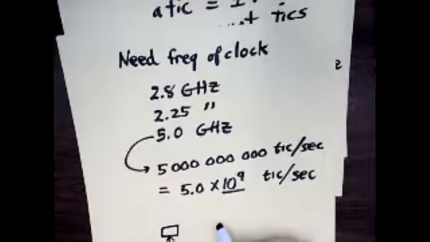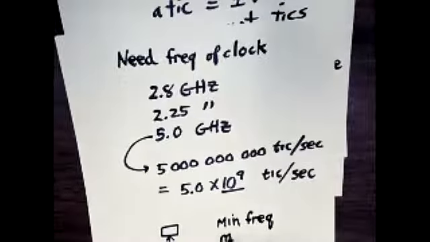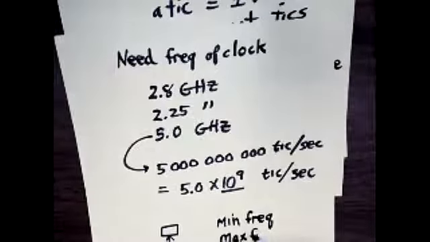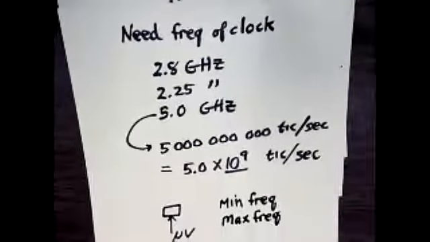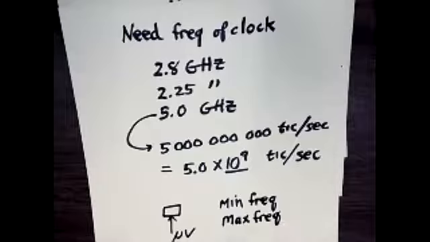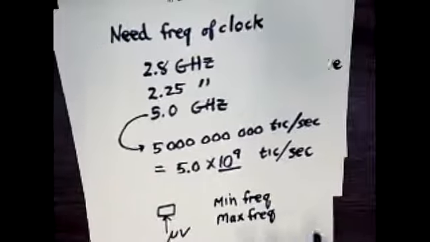Okay. So there is actually a min frequency, and there's a max frequency. It's set at the factory so that you can't apply too much electricity and exceed the max frequency. And it's also set so that you don't drop too low. You can't lower the electricity till it actually stops.